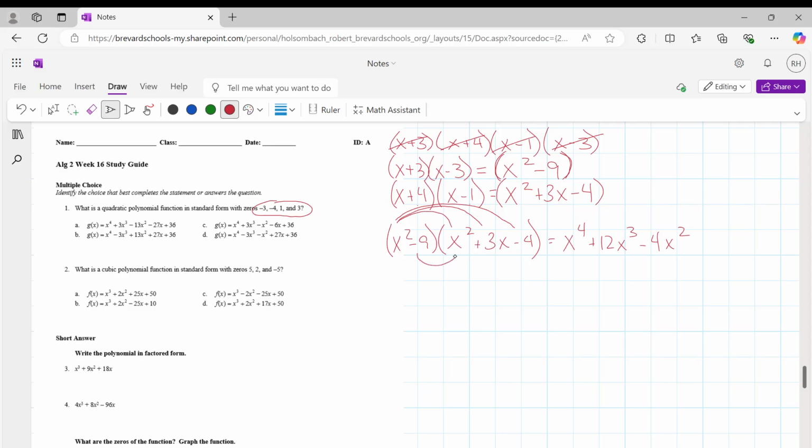So negative 9 times x squared is negative 9x squared. Negative 9 times 3x would be negative 27x. And negative 9 times negative 4 would be positive 36.